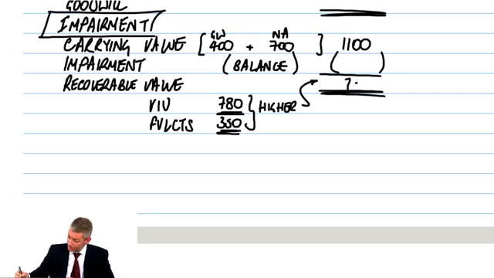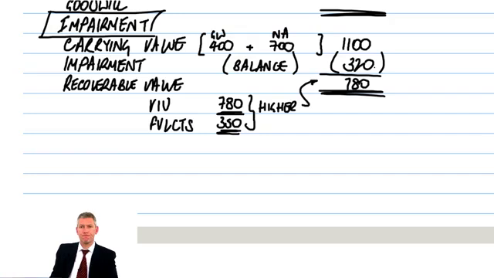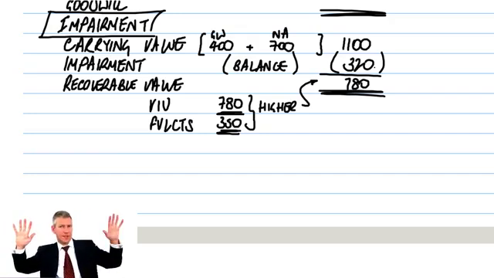But the higher of those two is still lower than the carrying value. So the carrying value is overvalued and we need to chop a bit off. And the balancing figure that we chop off is 320. But a business is made up of people and things. And which one are we going to hack into? Is it people or things?